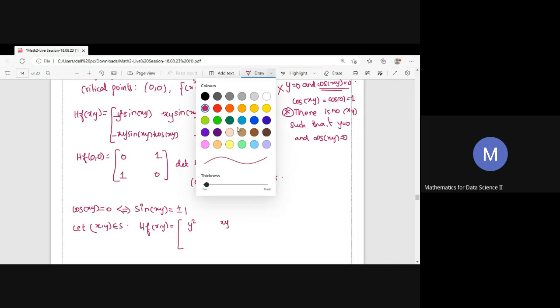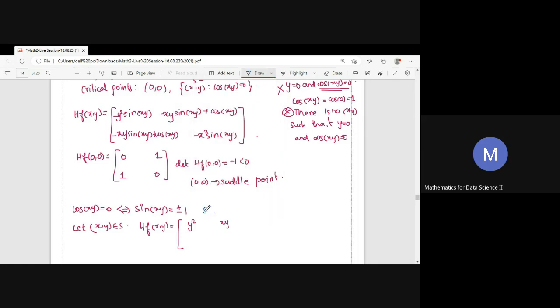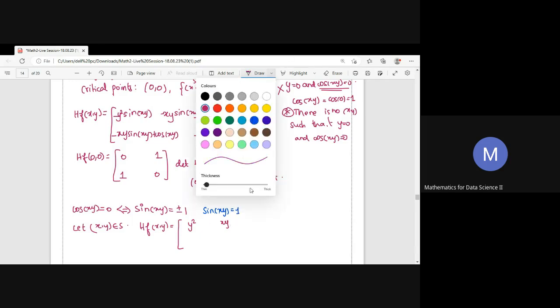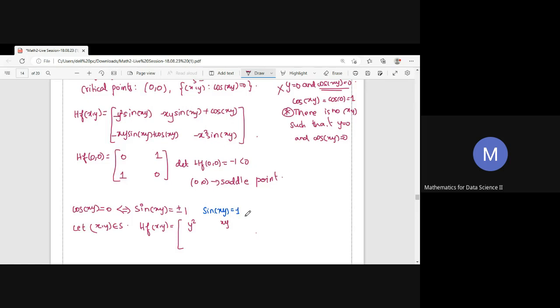First let us consider the case when sine of xy is equal to 1. That is better. So when sine xy is equal to 1, this is minus y square, this is minus again, and minus xy here, and here minus x square.